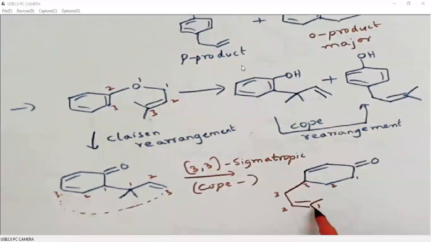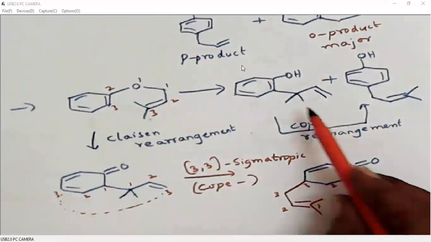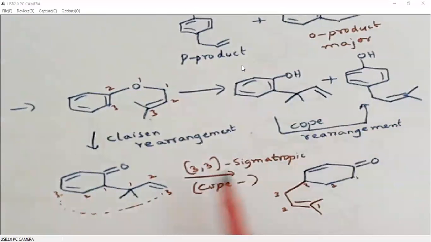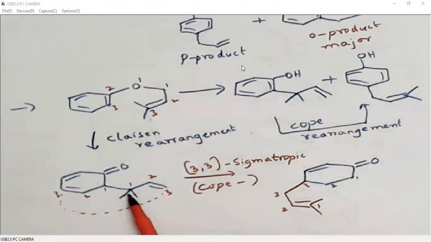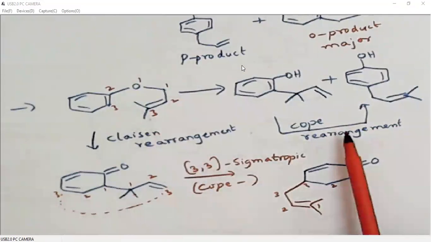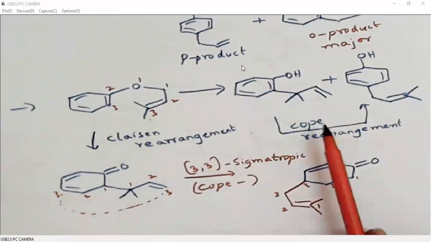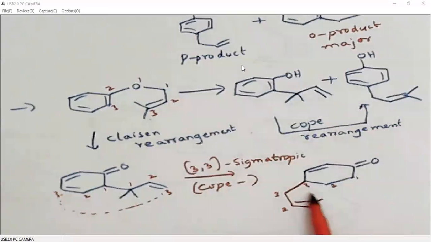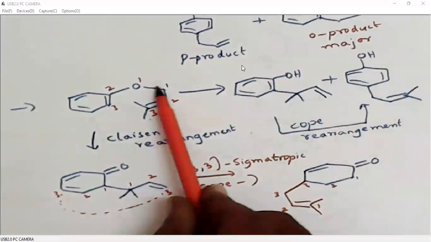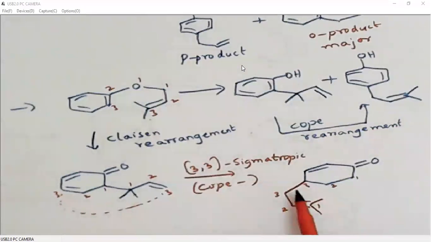So when we look at the overall reaction and the position of the substituents, when it is undergoing Claisen rearrangement for the first time, the position of the substituents will change. But when it is undergoing Cope rearrangement from ortho product to para product, now the allylic system is the same as on the oxygen.